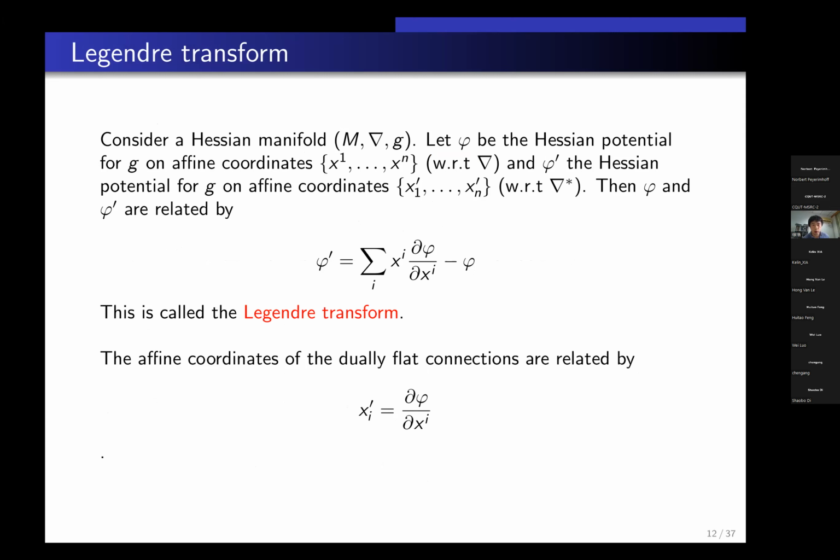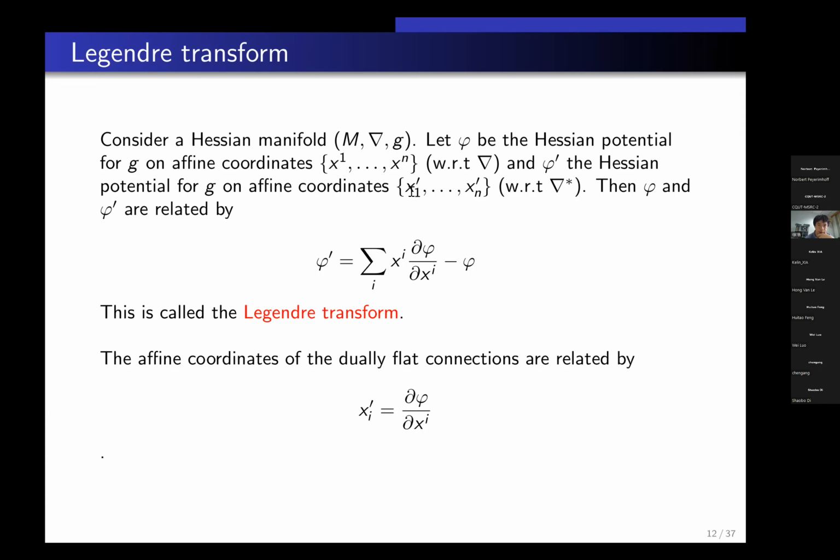The Legendre transform is important in convex analysis or in convex geometry. If we have a Hessian manifold and a Hessian potential, then we have the Hessian potential for the dual. Sorry, this nabla should be nabla bar. Sometimes people use nabla star to denote the dual connection; here we use nabla bar.